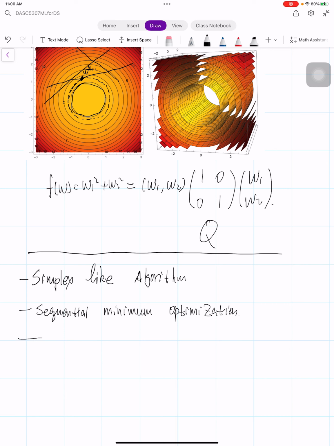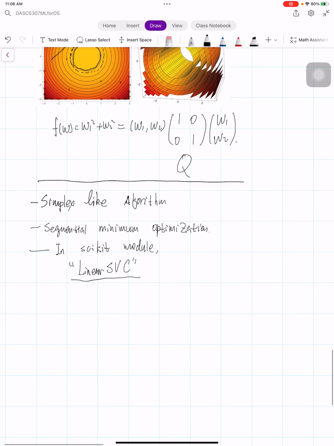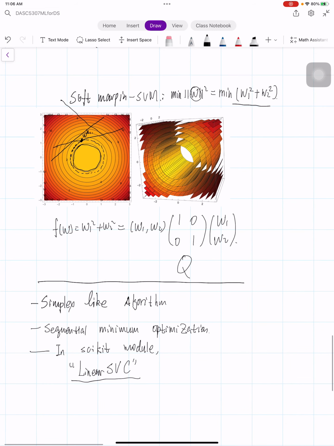And I think in the sklearn package, such a problem can be solved by the linear support vector classifier. So this is the command to solve this quadratic optimization problem. Okay, I think that's all for today. Thank you.